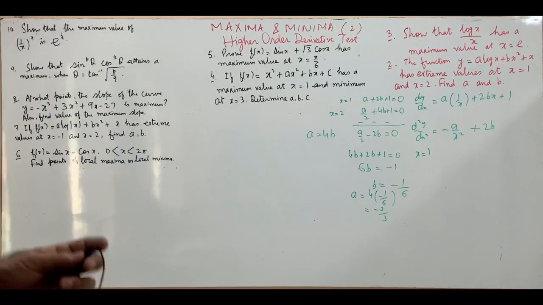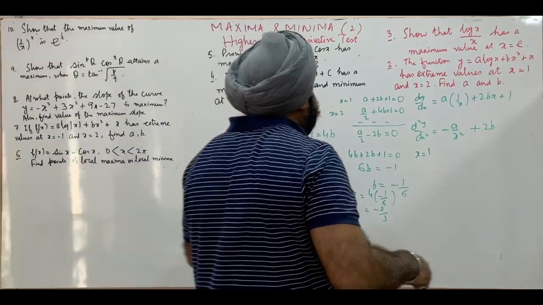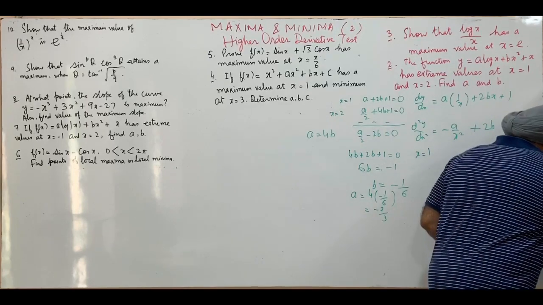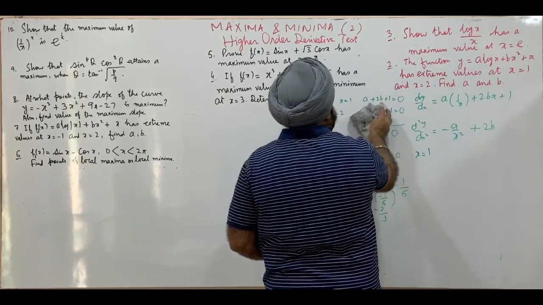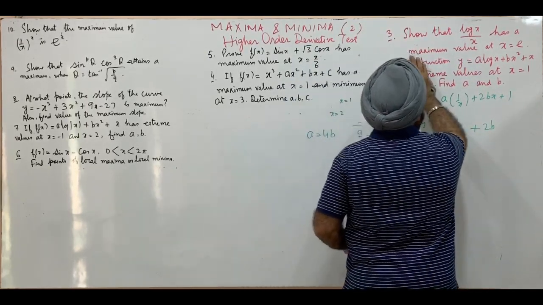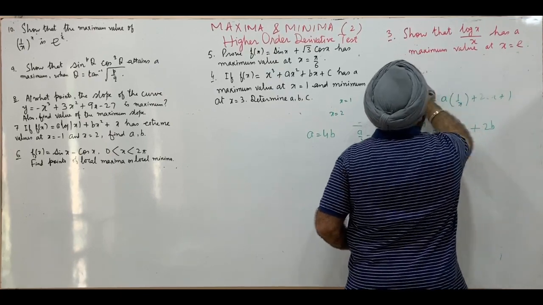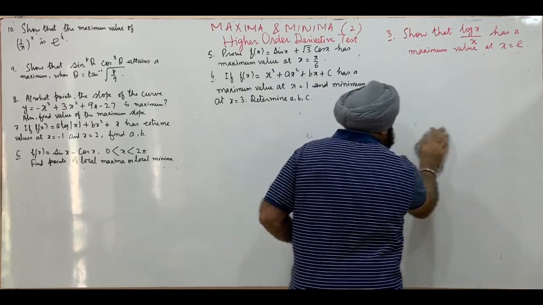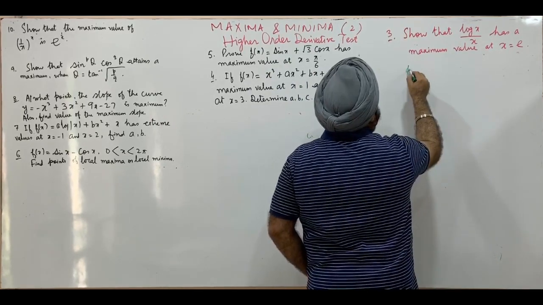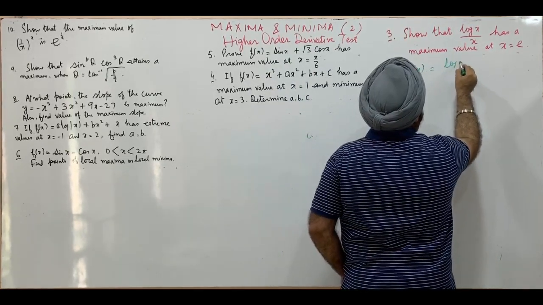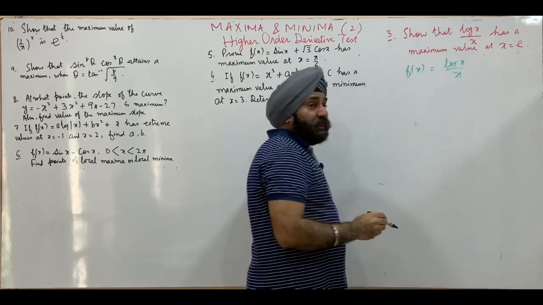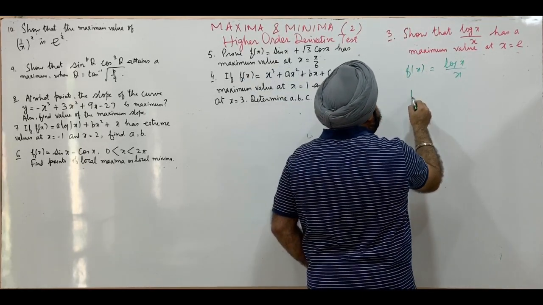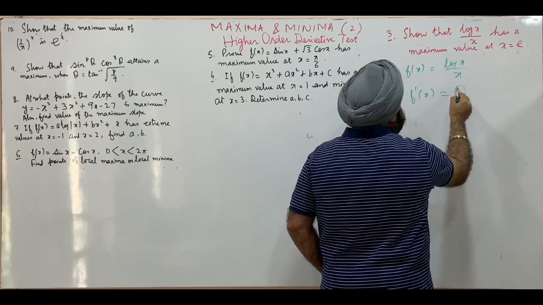The next one, we are given the function as log of x upon x. So we write this as f of x, which is log of x upon x. We find out the derivative of this, f dash of x, and we equate this to 0.